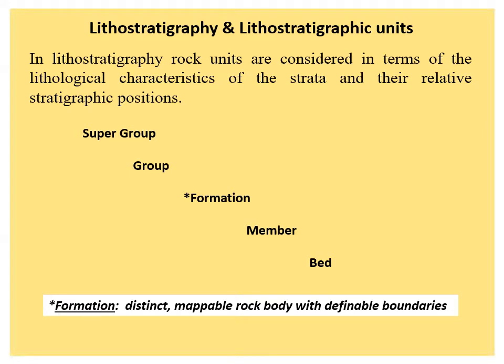Now, in lithostratigraphy, what do we basically study? We study the lithological aspects of rock bodies. Lithological aspects means we study the grain sizes, the texture, that is sorting, roundness, and color.